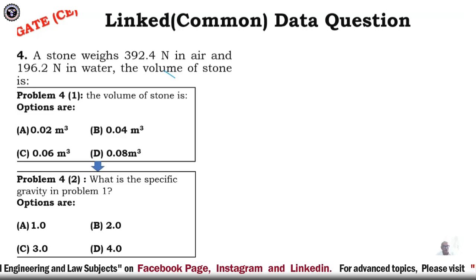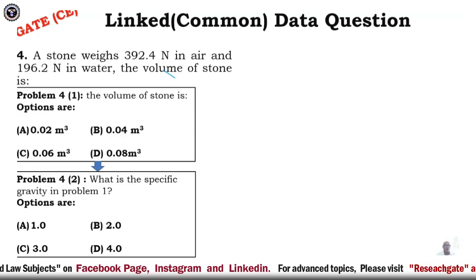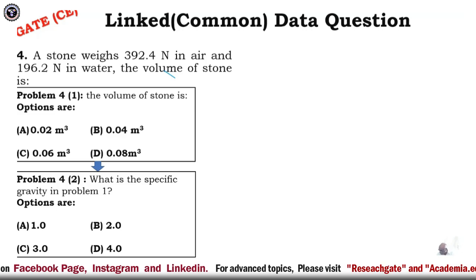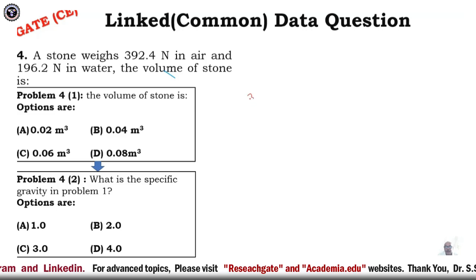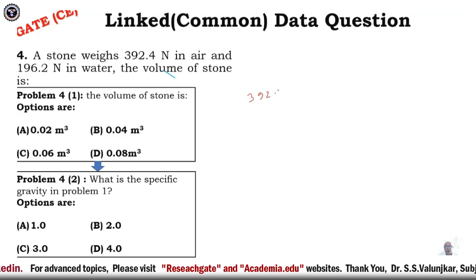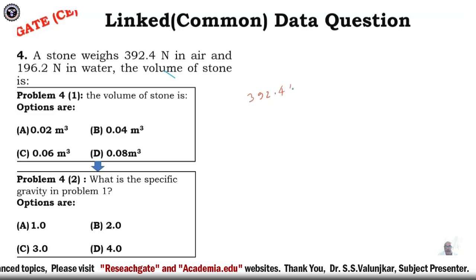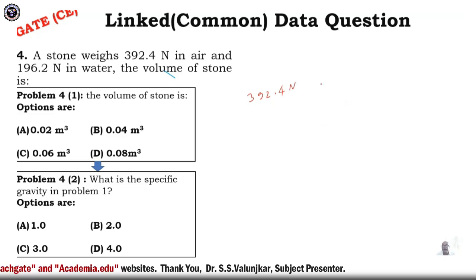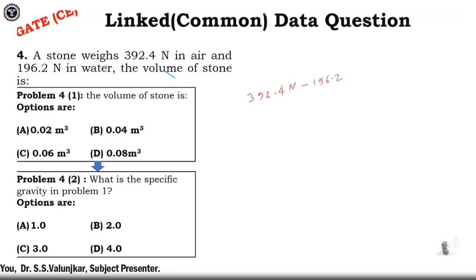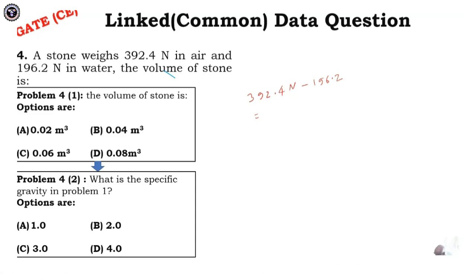Let us begin with the first problem, finding the volume of the stone. The weight is 392.4 Newton in air and 196.2 Newton in water. Taking the difference, it is 196.2 Newton.